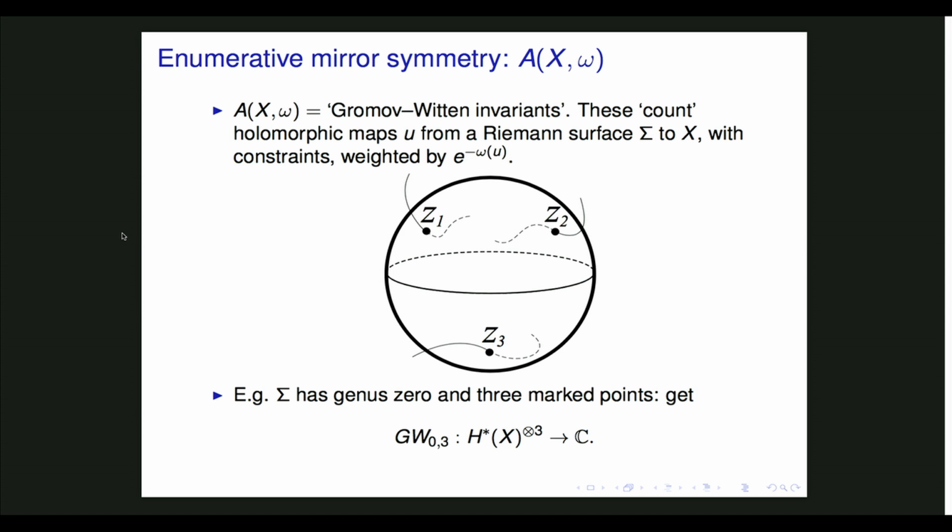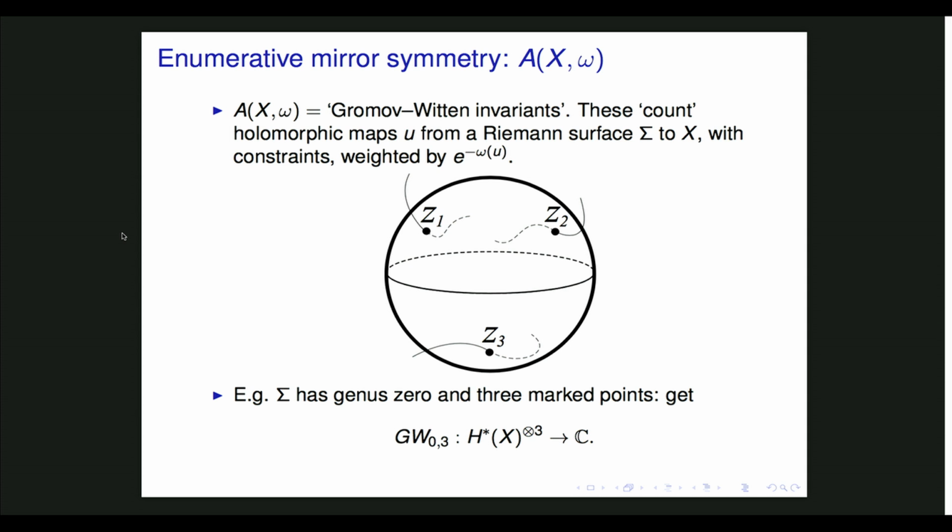So here's an example of a Gromov-Witten invariant. If we take in 3 cohomology classes on X, we can represent them as being Poincaré dual to 3 cycles inside X. And the Gromov-Witten invariant associated to those 3 cycles spits out a number which is the sum of curves, maps from P1 (CP1) to X, which send 3 marked points onto the 3 chosen cycles that are our input.